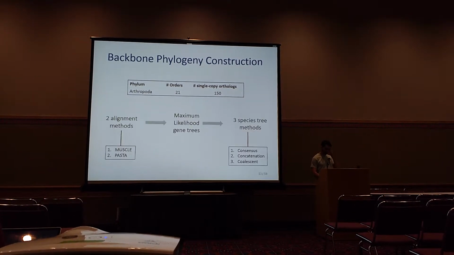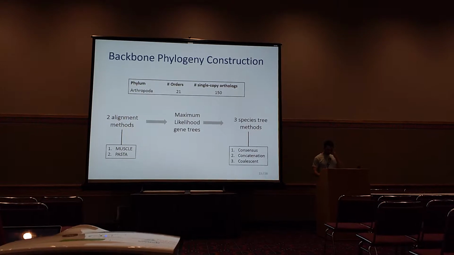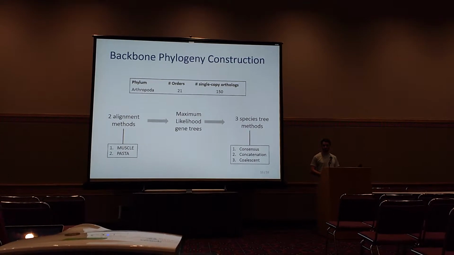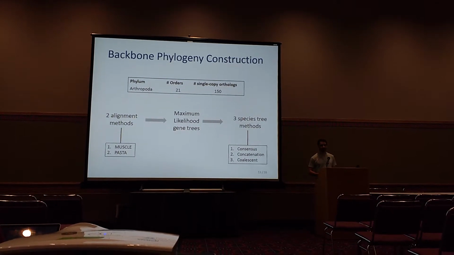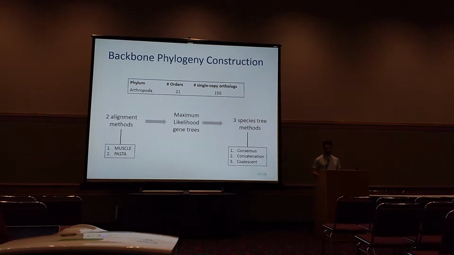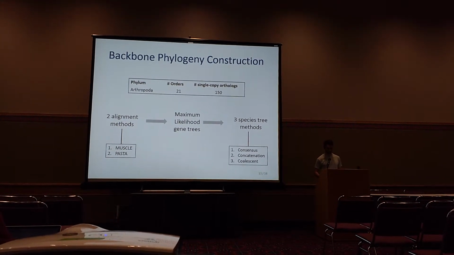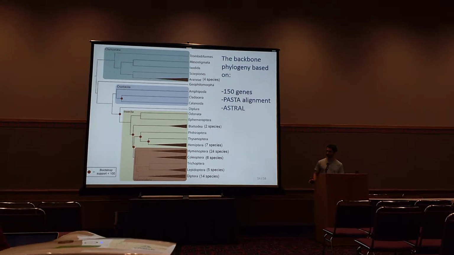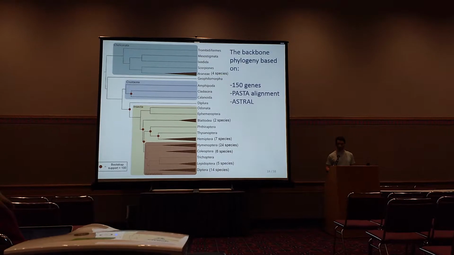And when we use that criteria, we get 150 single copy groups at the order level that we can use to reconstruct the tree. And we went ahead and ran these genes through 2 alignment programs and 3 species tree methods. That'll give us 6 species trees that we can compare to one another to see if there's any disagreement among them. And I'll go ahead and just show one of those trees because for the most part, they agree with one another.